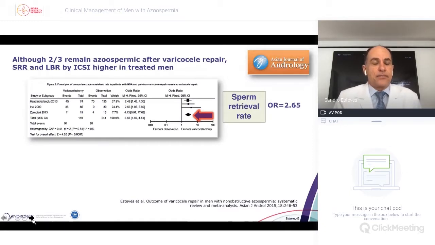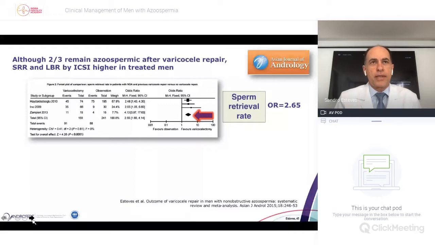So in this study, we realized that the varicocele repair could benefit about 1/3 of men by providing some sperm in the ejaculate. However, two out of 3 men remain azoospermic after varicocele repair.